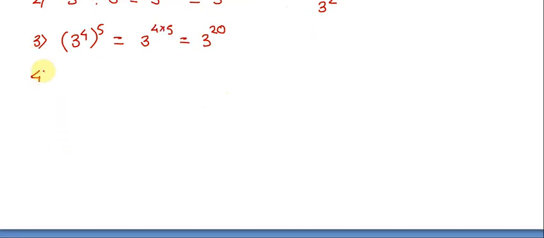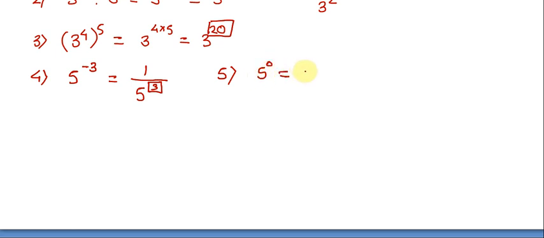Fourth one is 5 raised to power negative index, minus 3. That means 1 upon 5 raised to the power 3. Fifth one is 5 raised to the power 0. It's the easiest one.